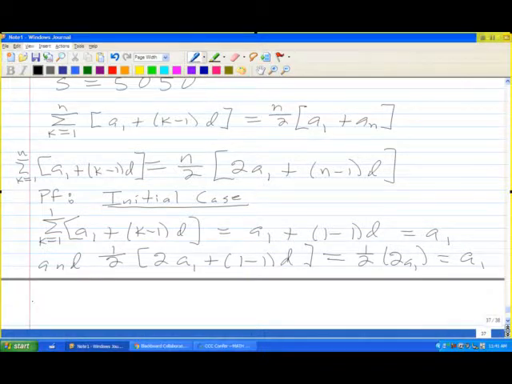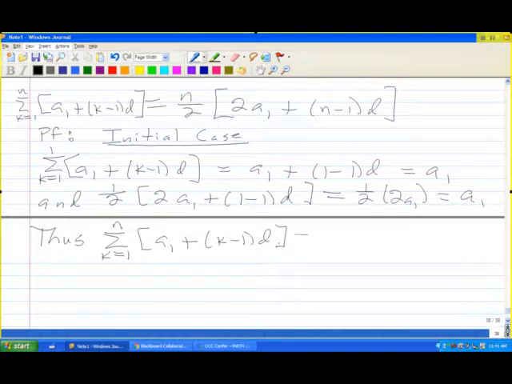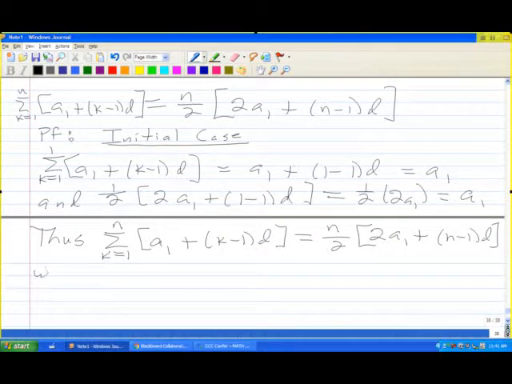So therefore, I've shown that the sum k equaling 1 to n of a1 plus k minus 1 d is equal to n over 2, 2a1 plus n minus 1 d when n is equal to 1.